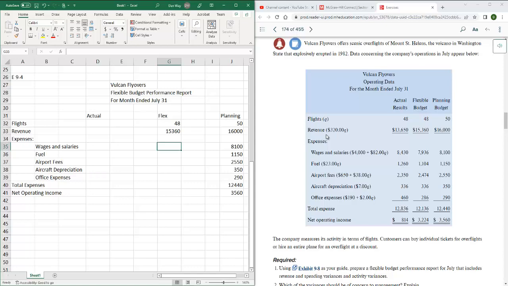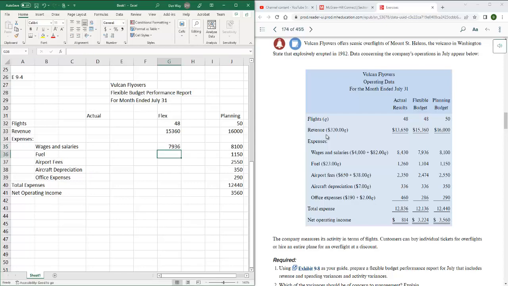Wages and salaries, similar idea. That's a fixed cost, or excuse me, mixed cost. So it had a fixed component, I should say, $4,000, plus $82 per flight times, better put that in parentheses, $82 per flight times the 48 actual flights we served. Okay.